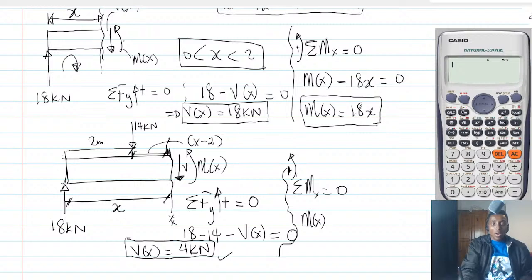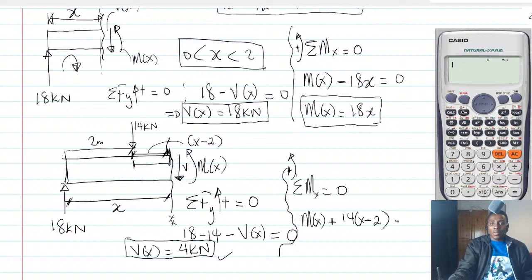Okay. Now 14, so what is the distance? The distance from here to here, 14. So plus what? 14 multiplied by x minus 2. Is that right? That is the distance to the x section.